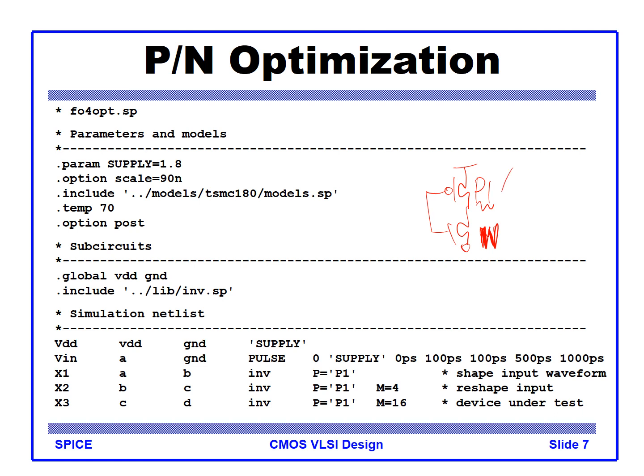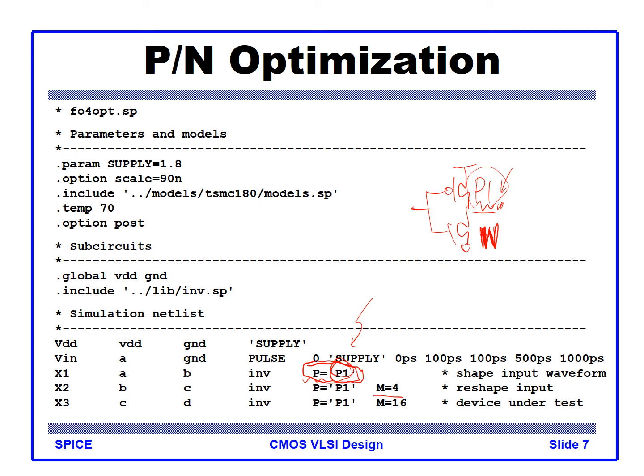If you want to find the right size for P1 to get the best performance, we can parameterize the size of P1 like this, P equal P1, and M equal 4, so the fan-out of 4 delay case. So we want to find the P1, the PMOS size, to deliver the minimum delay or something like that, right?